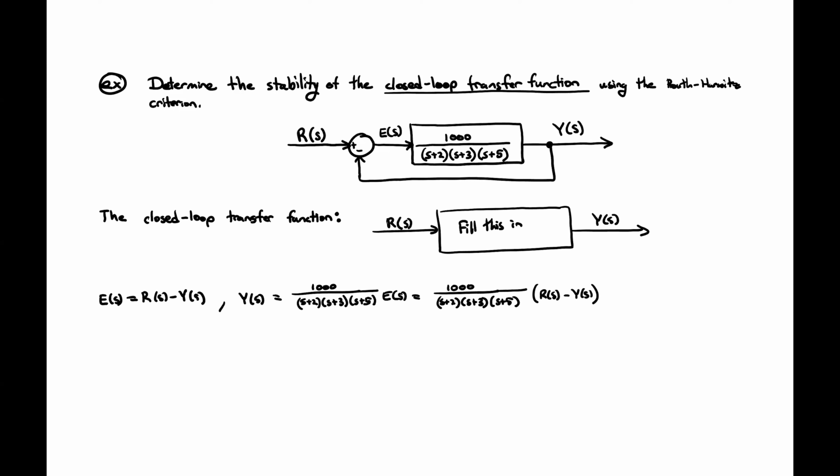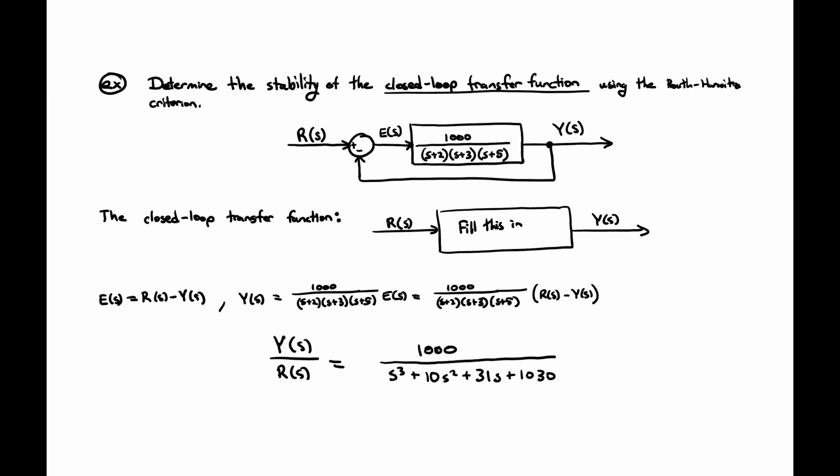But we just defined what E was in terms of R and Y. We can solve this equation for Y and end up with our closed loop transfer function from our reference input R to our output Y, which is going to be 1,000 divided by S cubed plus 10S squared plus 31S plus 1,030. And that's our closed loop transfer function.